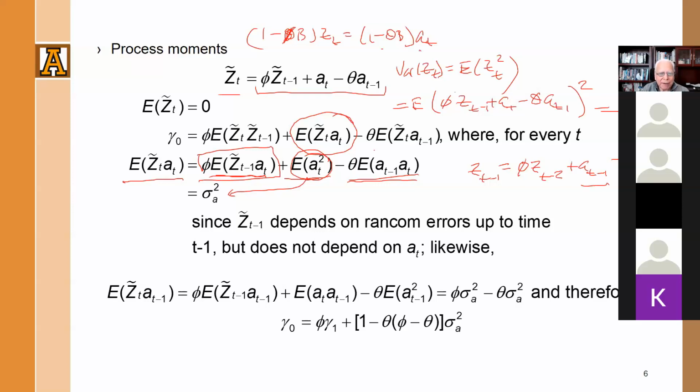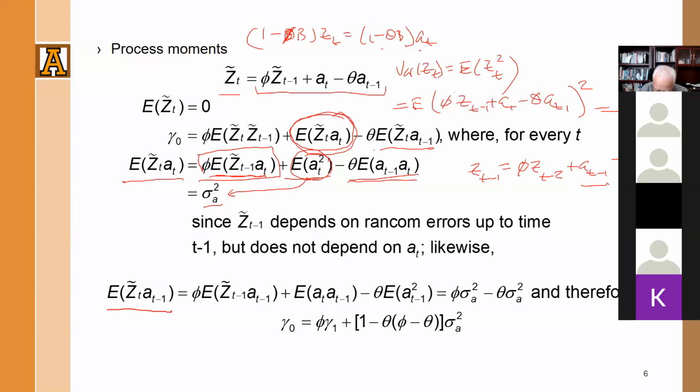Now, if I compute the expected value, I took care of this term, and that expected value is just sigma squared. Now, the expected value of Z_t A_{t-1}, that's equal to what? It is phi times the expected value of Z_{t-1} A_{t-1}, plus the expected value of A_{t-1} times A_t, minus theta times the expected value of A_{t-1} squared.